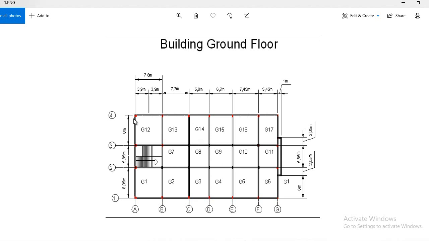Similarly in the y direction you see this is 8 feet, this is roughly 6 meter, and this is 8 meter. So you see the change, and that's why it will also cause unbalanced moment at this column, at this column. So it is important that you understand the geometry of the system, because unsymmetrical geometry also causes unbalanced moment.